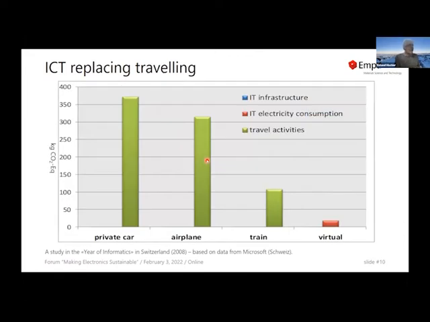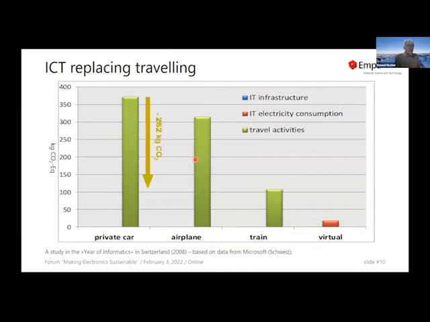If I look just on the global warming now for this situation, assuming that the meeting takes 1 hour, you see here the impacts, the virtual meeting on the right-hand side, so here, and here the 3 options depending on how I'm traveling.